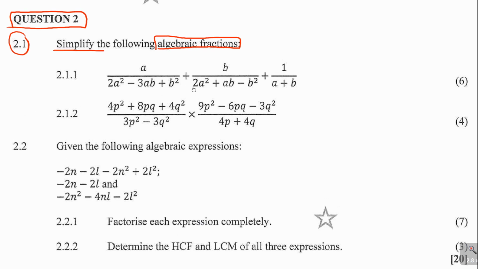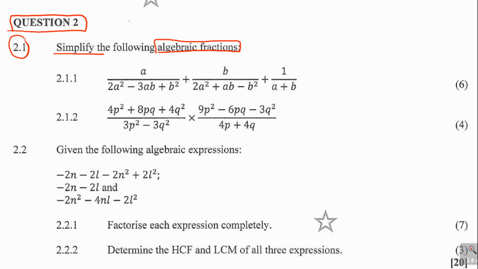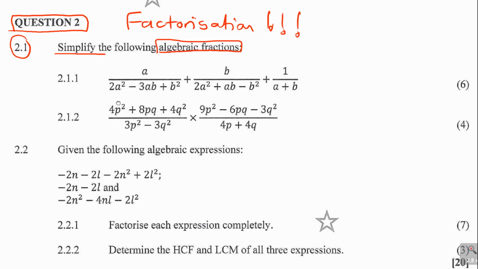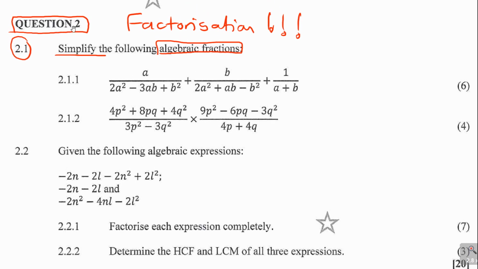Question number 2 relies heavily on knowing the technique of factorization. This is the most important technique. If you can master factorization, you are good to go. Look at the mark allocation: it is 20 marks.